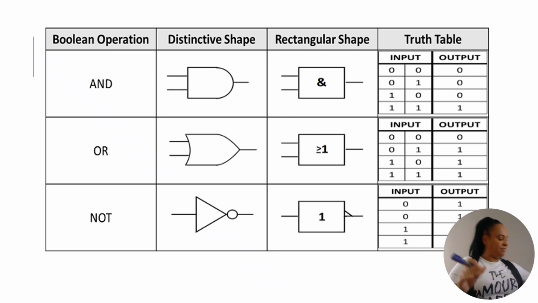Okay, so here's a better example of them again. We've got the table there that shows the operator. So we've got AND, we've got our OR gate, and we've got our NOT gate, and ignore the rectangular shape at the moment, and then the truth table.